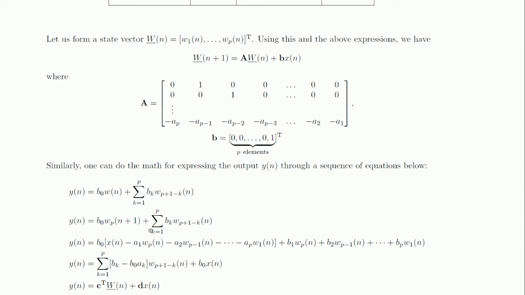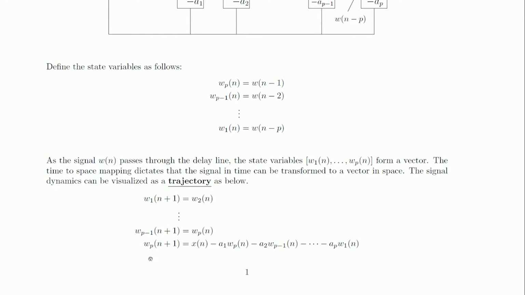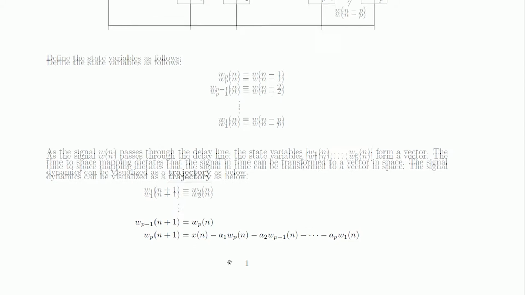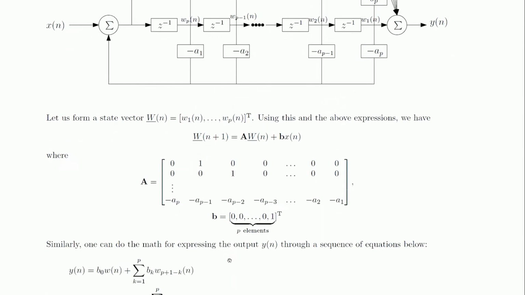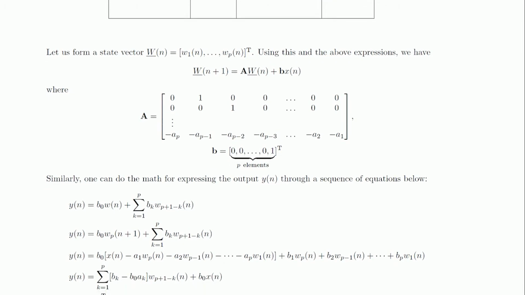Now, we use wp of n plus 1 that we derived earlier, which relates x of n and the rest of the parameters. So, once we do that, y of n is basically b naught times x of n minus a1 wp of n minus a2 wp minus 1 n so on till ap w1 n plus all the rest of the terms that you have from this summation.